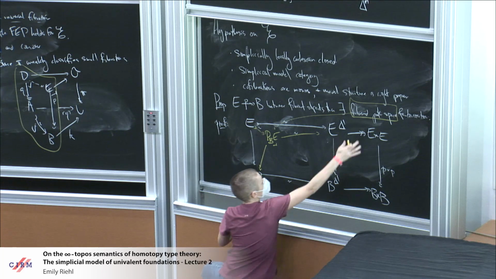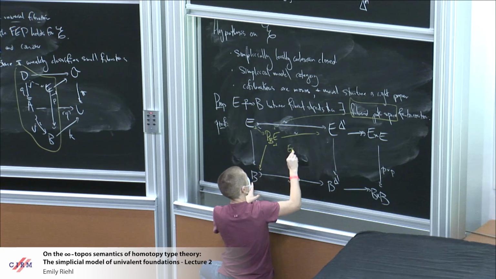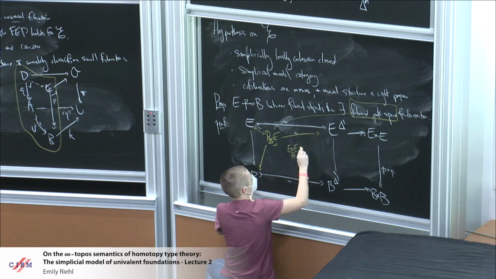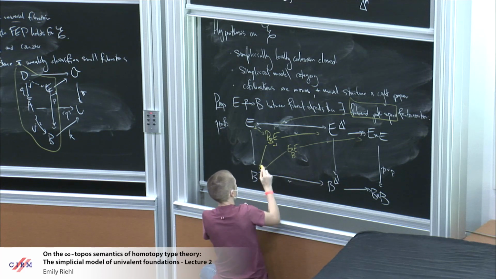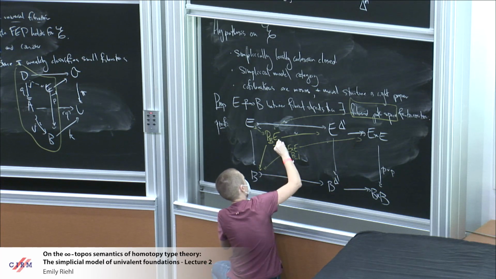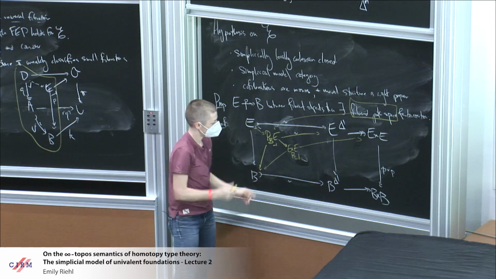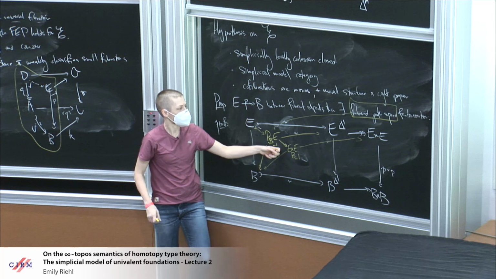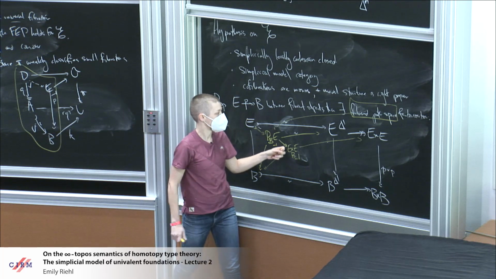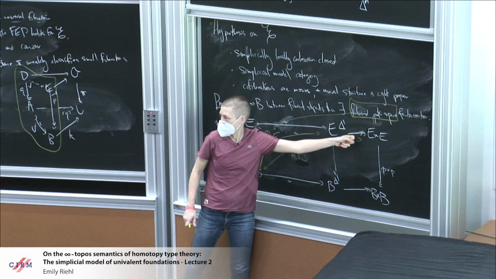And then similarly, I can pull back this E times E all the way over here, and that gives a construction of just the pullback of the map P along itself. And this map, induced by the universal property of pullbacks, is a fibration. I think last time I maybe mistakenly said it was a pullback of this fibration. It's not, in fact.